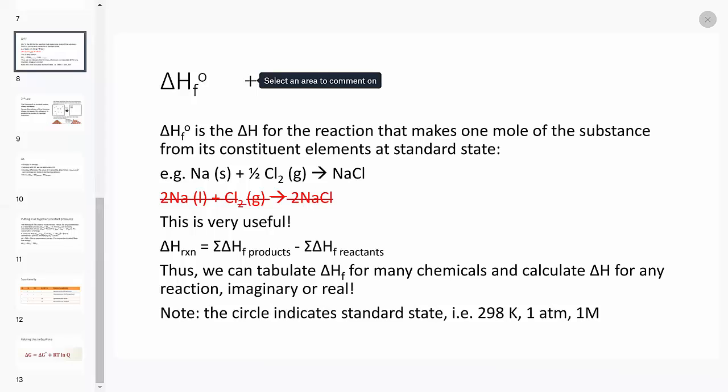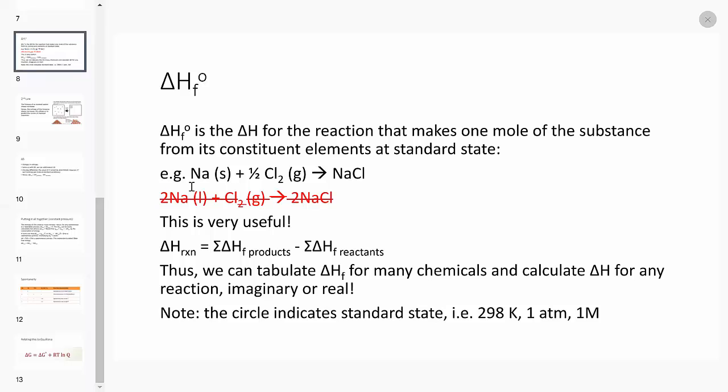So let's say we want to find the enthalpy of formation for sodium chloride. We have sodium plus chlorine goes to sodium chloride. Notice that sodium chloride is the only product, and there's only 1 mole of it.